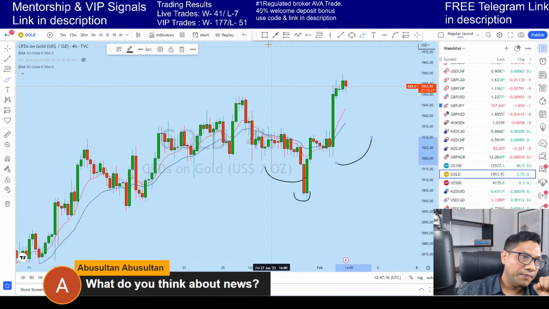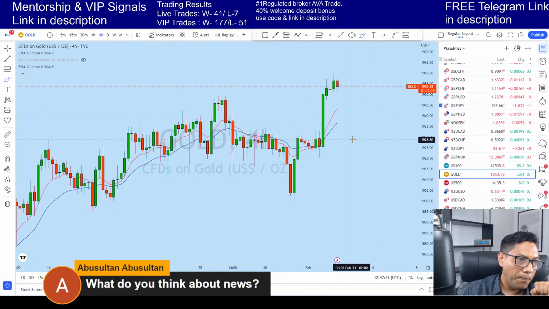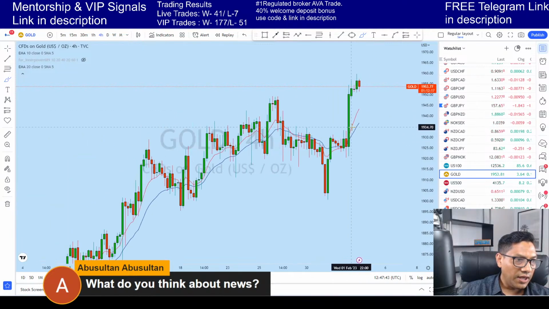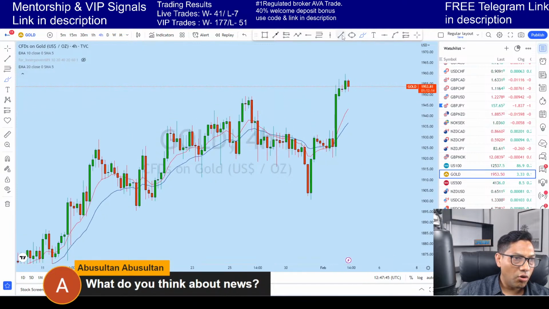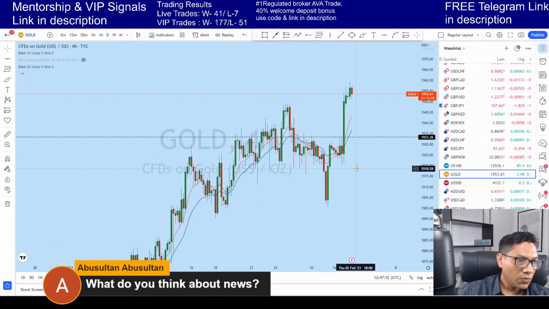Now for me, guys, the best place to open a buy position on gold is on the retest of this neckline, which is very highly likely to happen on gold.